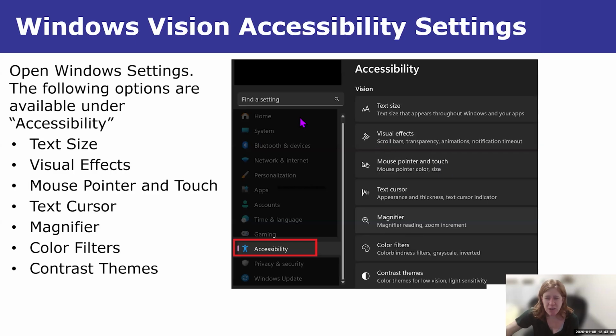I tried to find a way to describe the screenshot in the text around it without saying the heading says accessibility, under accessibility are the following, and so on. I didn't need to do all of that, but I wanted the screenshot information to be in the text.